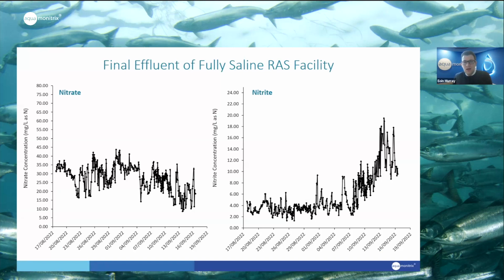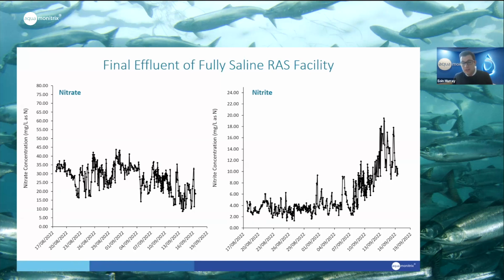Another example then as well. You can view the data within our dashboard in real time, of course, but there's also a means of pulling down all of that data into whatever reporting system you need. These two graphs were generated by pulling down that data. This is for a fully saline final effluent RAS facility in the Netherlands.